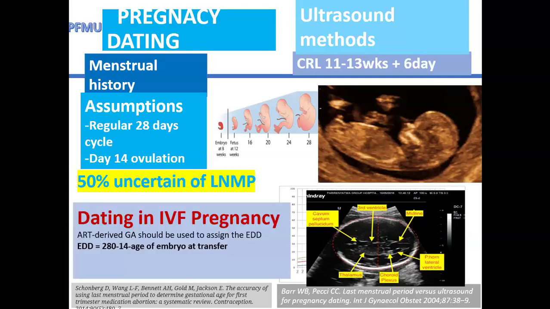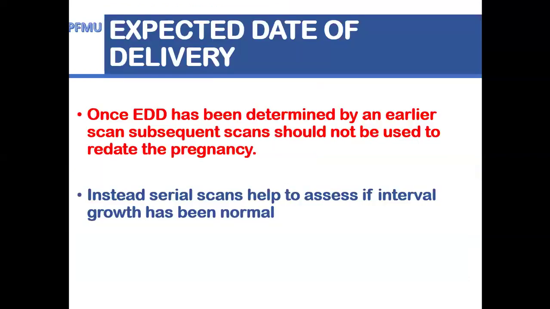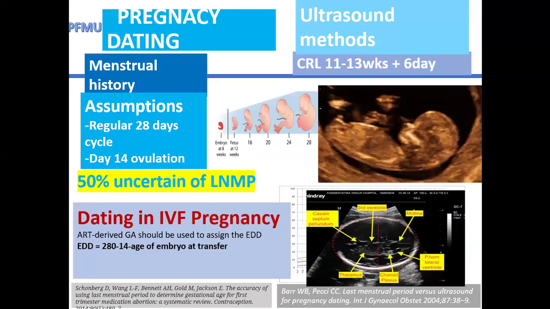Then dating these days is now that idea is coming, then the ultrasound dating methods would be which is the most accurate with an error margin which is less than a week.